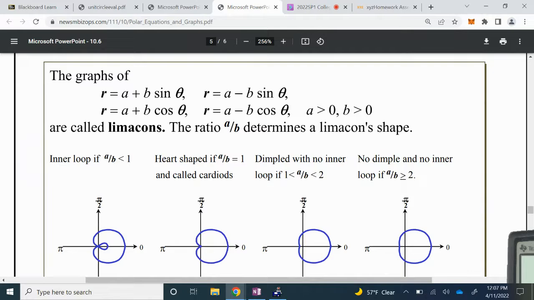They can also be in the form a minus b times the sine of theta, a minus b times the cosine of theta. And it says the ratio a over b determines the shape. This is just some information about what these graphs look like and what determines them. But for our purposes, we're only going to graph them. We're not going to be asked to describe the shape or anything.